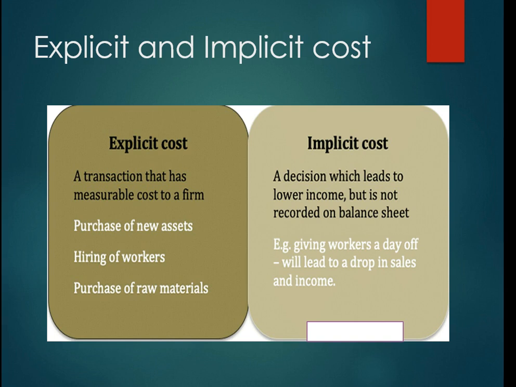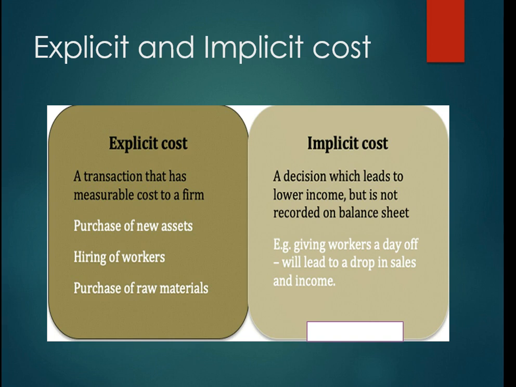Now you have given a day off to your workers, so this will cost you, and this cost is called implicit cost or opportunity cost. So the general idea is that explicit cost is recorded and implicit cost is not recorded, and explicit cost values can be seen but implicit cost cannot be seen.